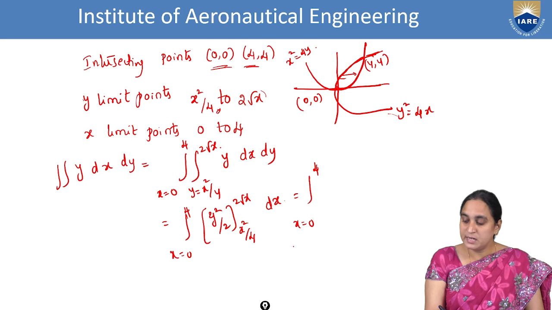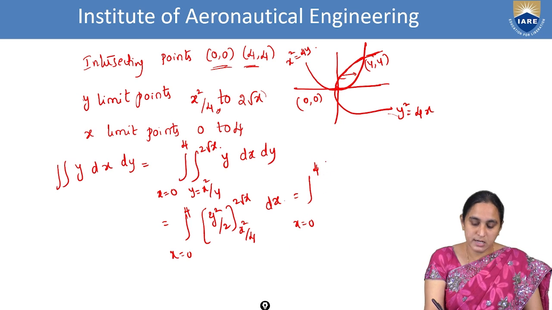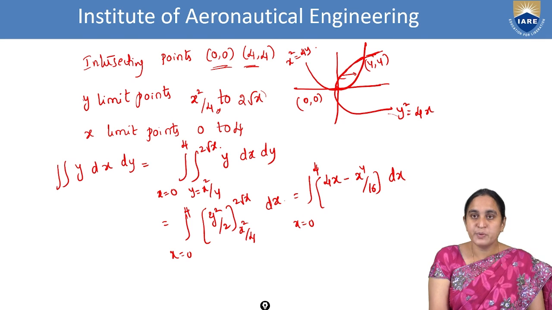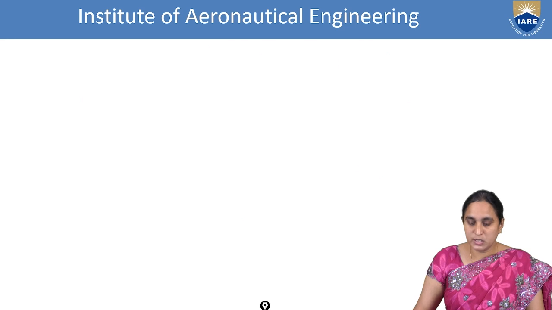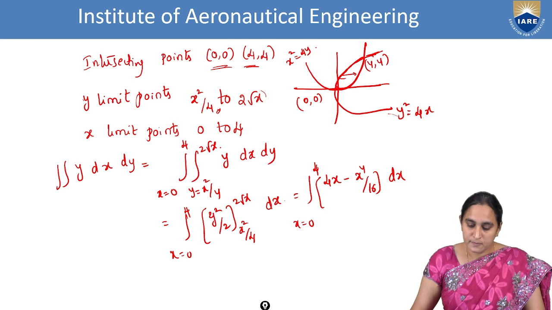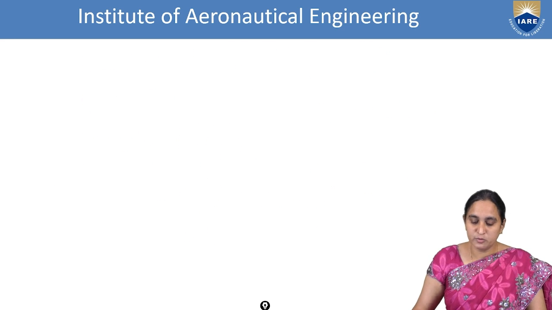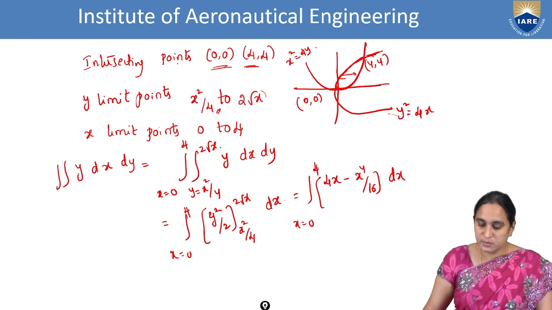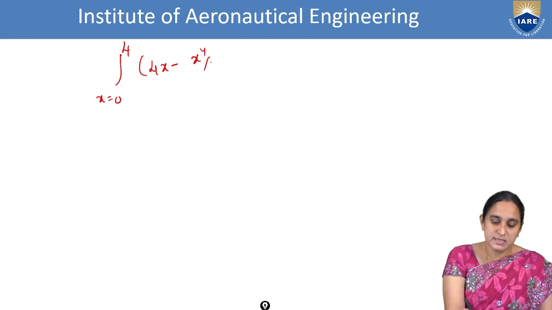Now substitute the y limit points here: directly I am writing 4x minus x power 4 by 16 dx. Next, integration with respect to x from 0 to 4 of 4x minus x power 4 by 16 dx.